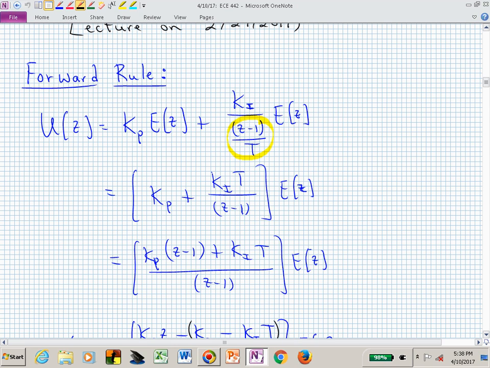So now if somebody says, I have a PI controller in the frequency domain version for the discrete time system, you now know that they're placing a pole at Z equal 1. That's what a PI controller will do. It will automatically place a pole at Z equal 1, and that's going to give us beneficial steady state accuracy behavior.